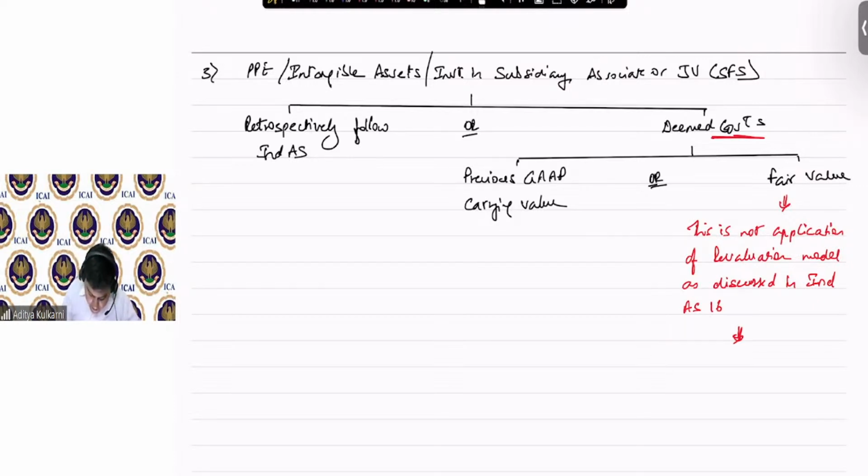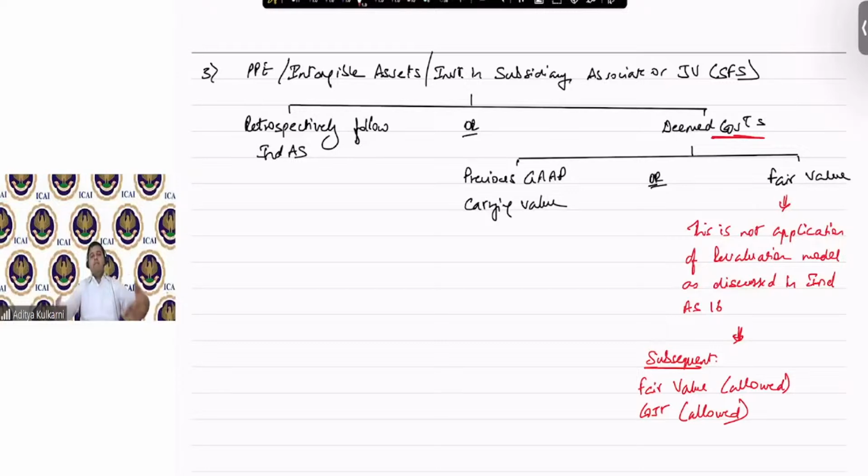Subsequently, fair value, is it permitted? Yes. Is it permitted to continue at the cost, which is the fair value on the date of transition? That is also allowed. You cannot say मैंने एक बार fair value किया, then every time there is a requirement for revaluation, I have to do the revaluation.